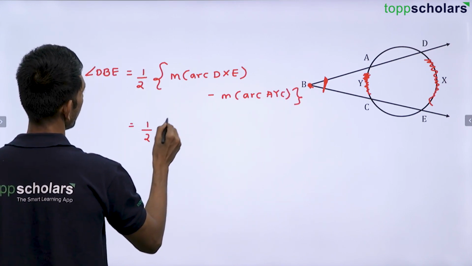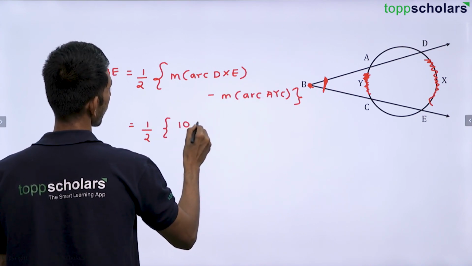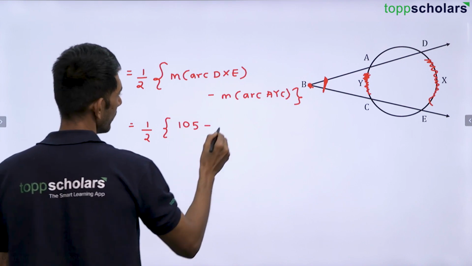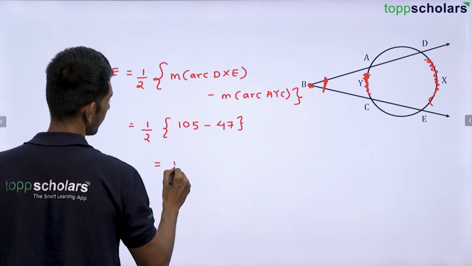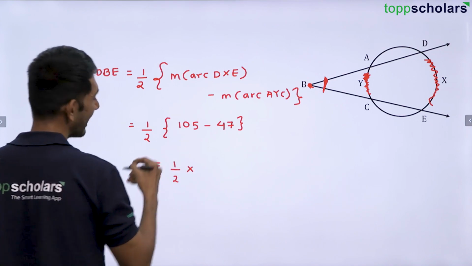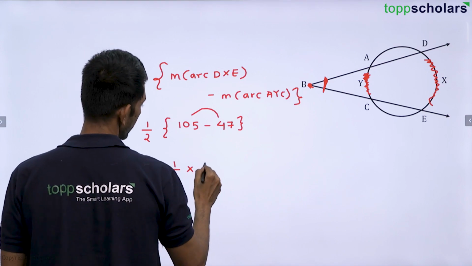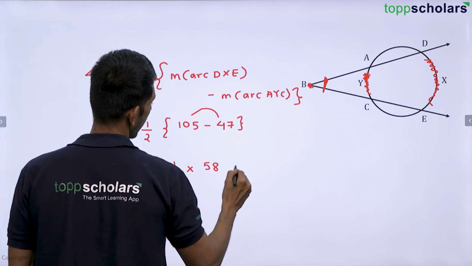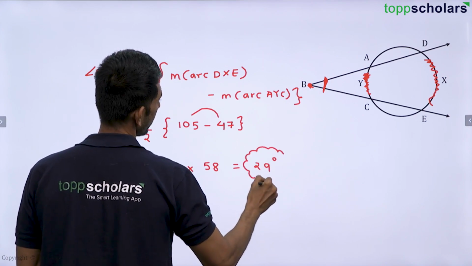That is equal to half of measure arc DXE is 105, measure arc AYC is 47. You just take half and subtract them. 105 minus 47 is 58, and half of 58 is 29 degrees.